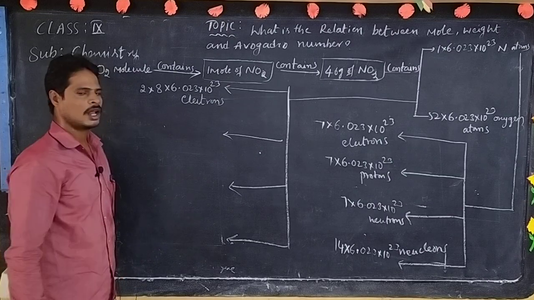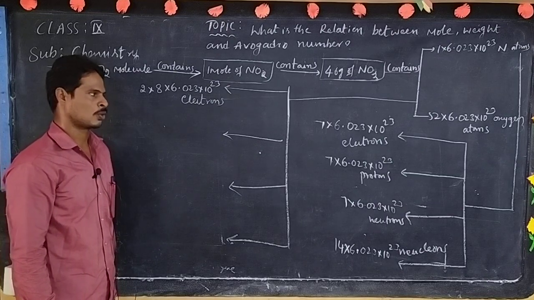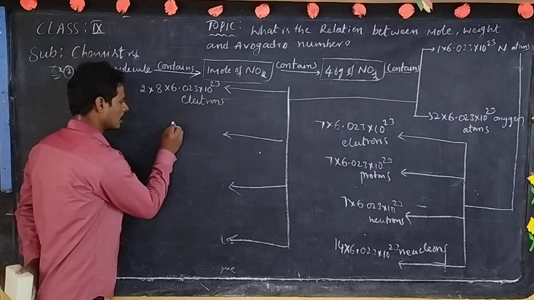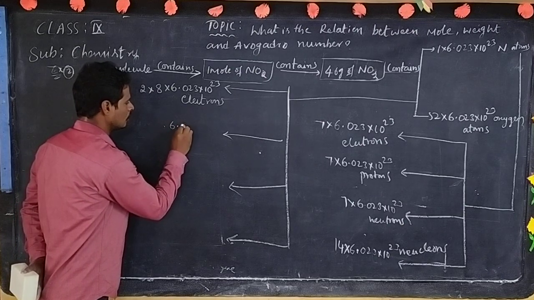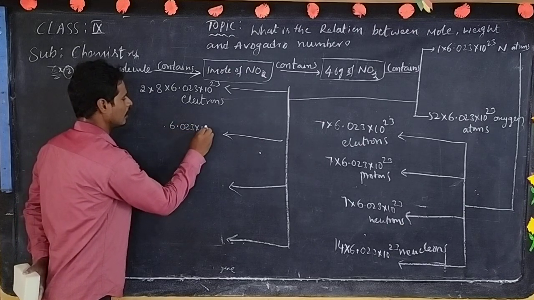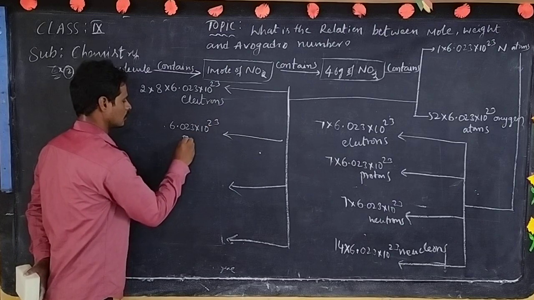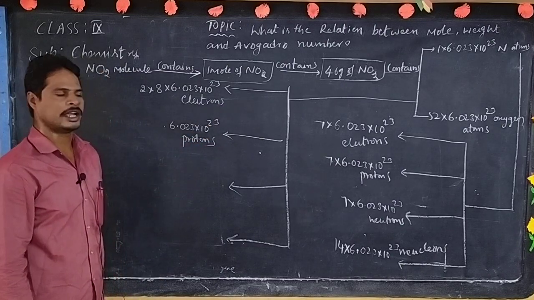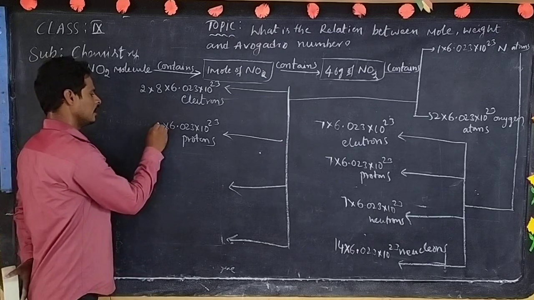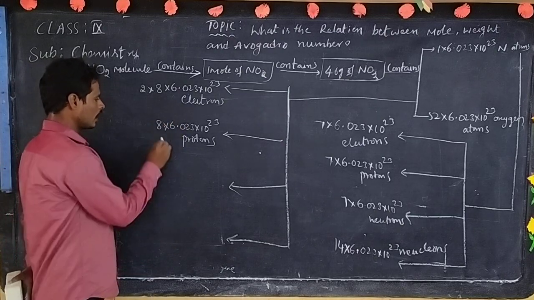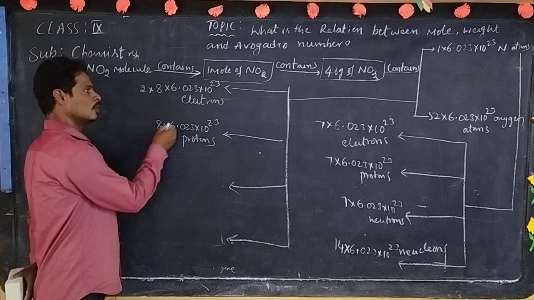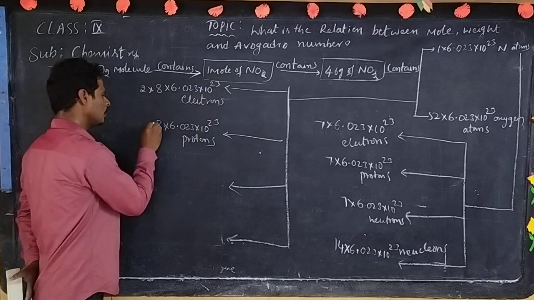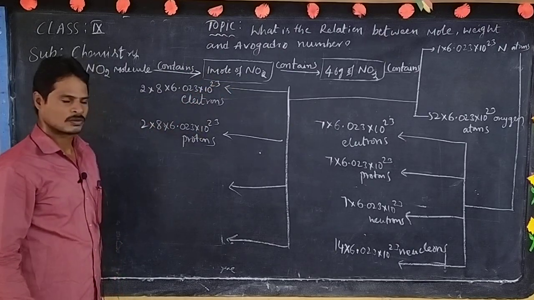Next, number of electrons equals number of protons. One proton contains 6.023 into 10 to the power 23 protons. But oxygen contains how many protons? 8 protons. That's why 8 into this value. One oxygen contains 8 protons. Two oxygens contain 2 into 8. Over.